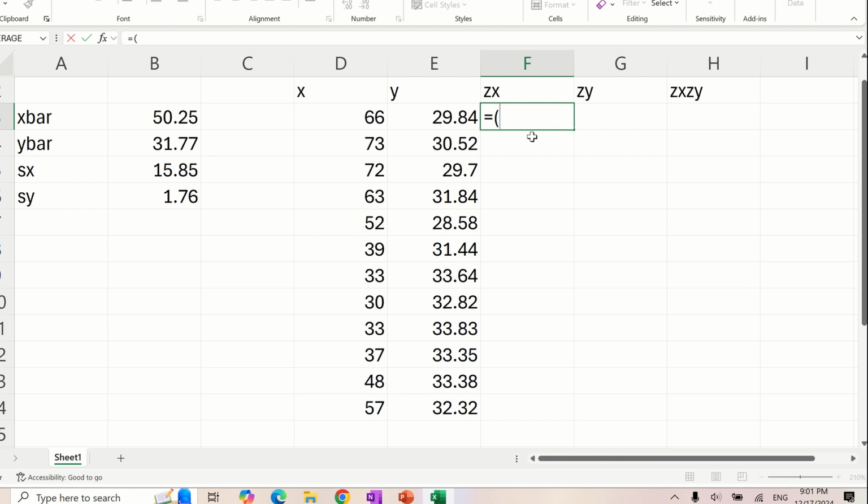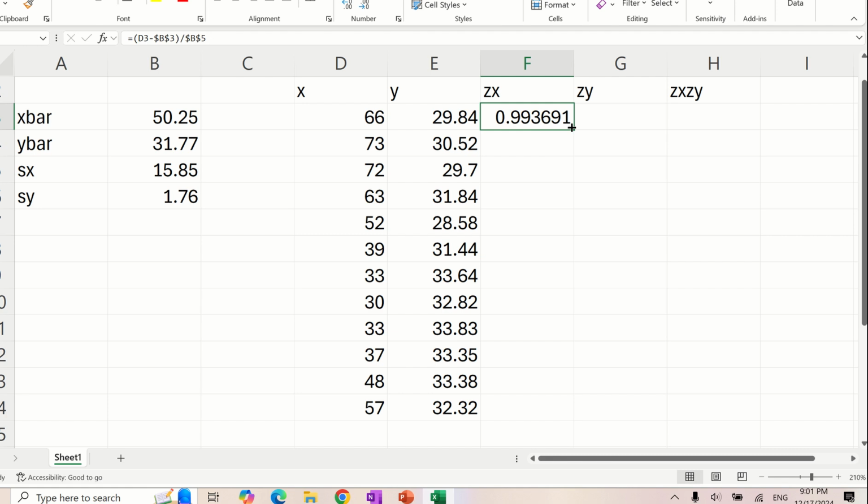So equals, parentheses, X minus X bar, and I'm gonna use the dollar key for that because I don't want this to change, divided by SX. Oops, I picked the wrong one. This one, SX. And if you're following along on Excel, I'm using the dollar key because I want to keep this constant. I want to keep it fixed. I don't want to change the value. All right, there you go.